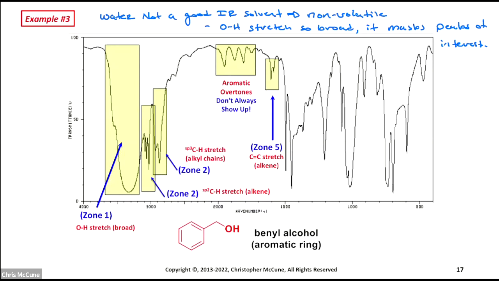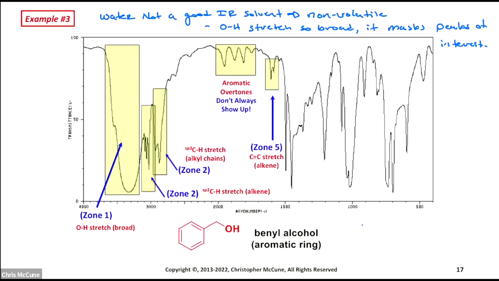You can also put solids right on the IR machines now. That's nice, you can just leave solvents out of the picture. But if you do have to use a solvent, it's best to use one with a really low boiling point, so it evaporates very quickly.